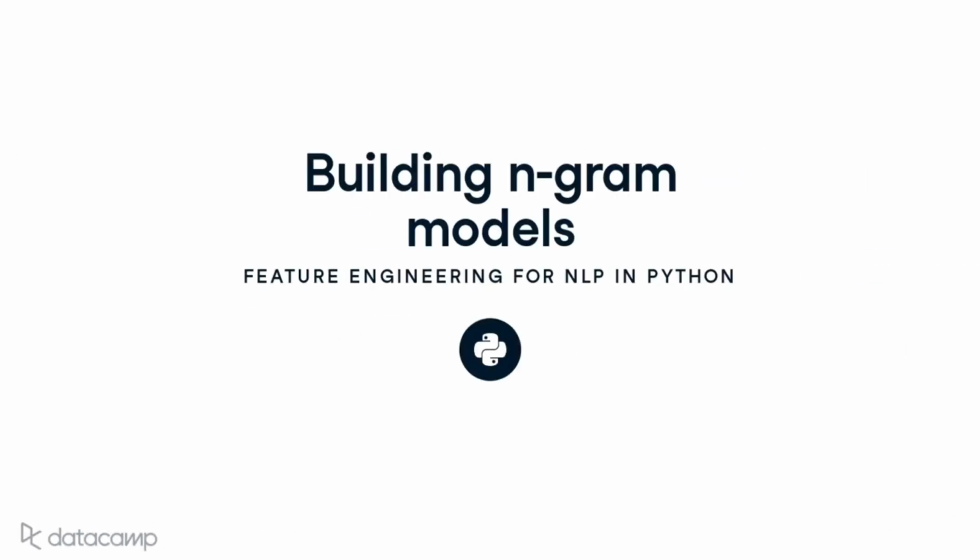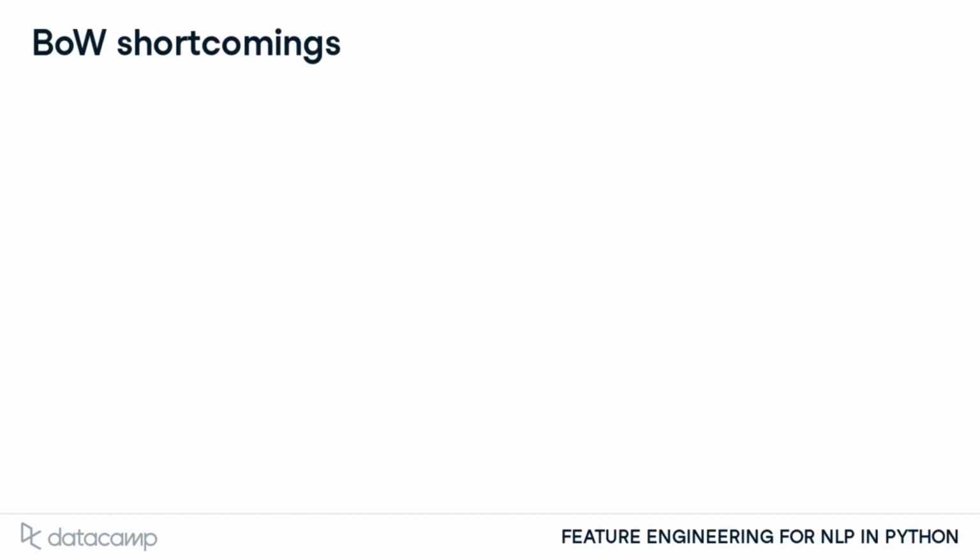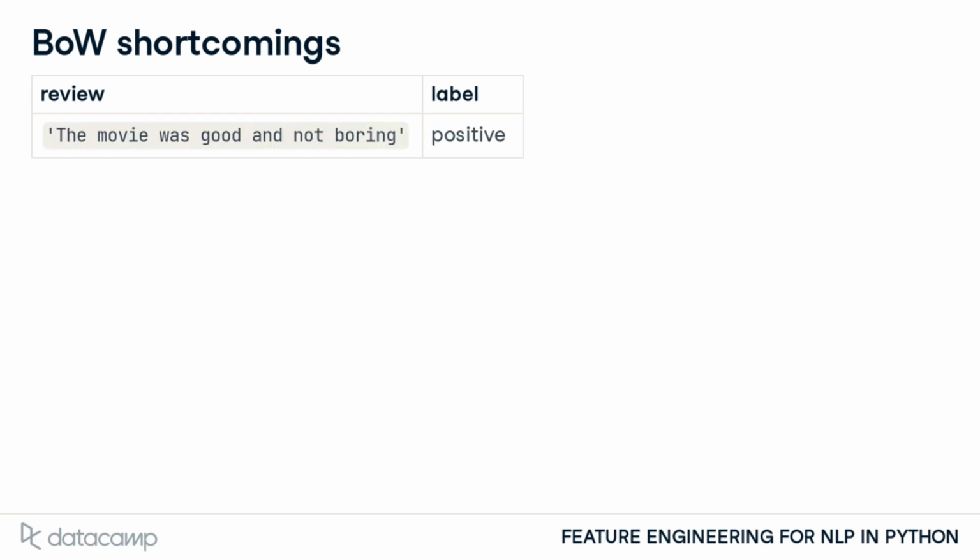We already know how to build bag of words representations of our documents and use them to conduct various machine learning tasks. Consider the following mini reviews. One is a positive review which states that the movie was good and not boring. The other is negative, commenting that the movie was not good and boring.